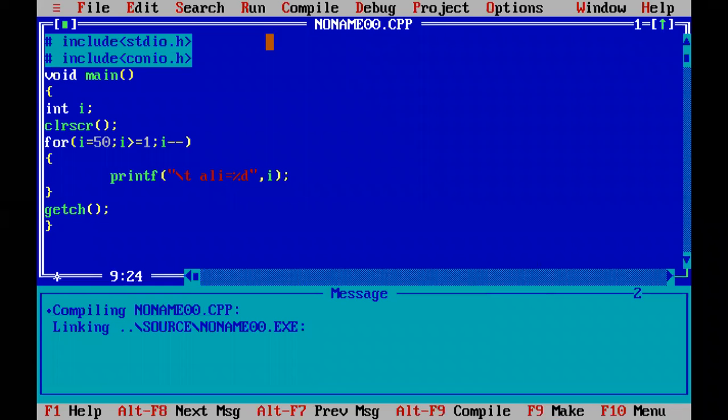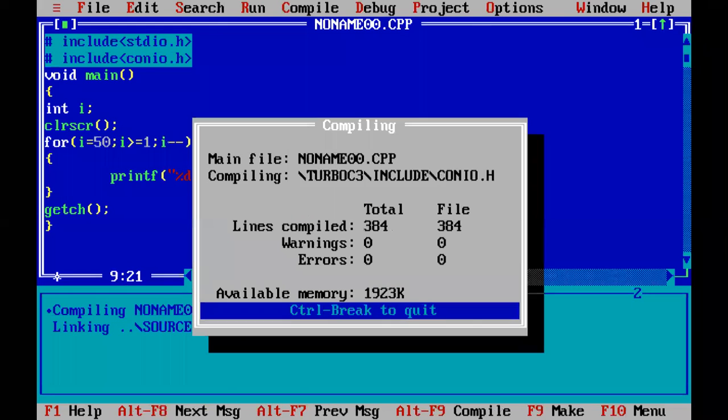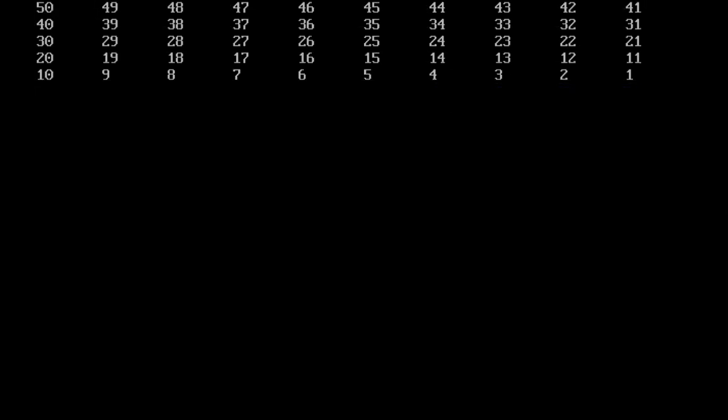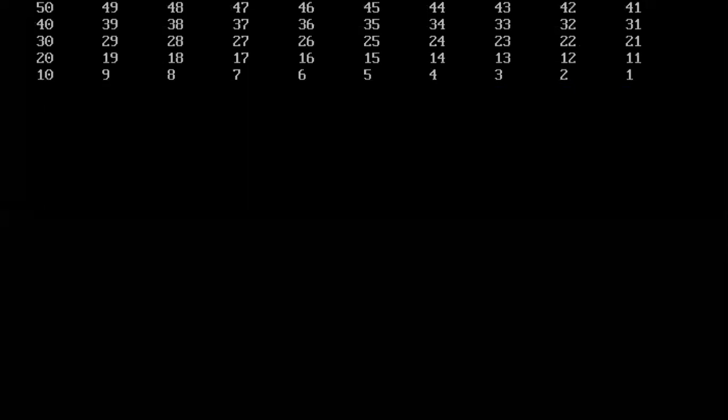So if you don't give any message, you just display the numbers, so no need to display anything. You will put \t over here. Check what will be the output, run. So 50, 49, 48, it will display the reverse order from 50 to 1.